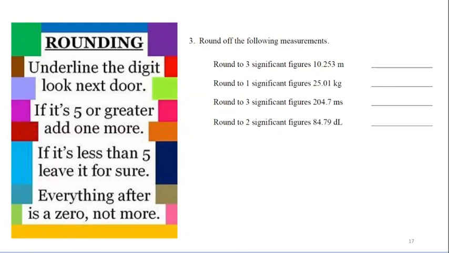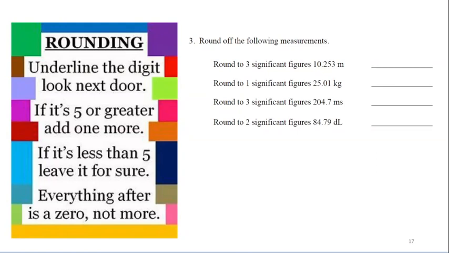Now, as you can see, I have rounding rules on the left side of the slide. Basically, this is just making sure that you remember that if you are trying to round to a set number of significant figures, you need to look at the digit next to the last sig fig that you're counting.